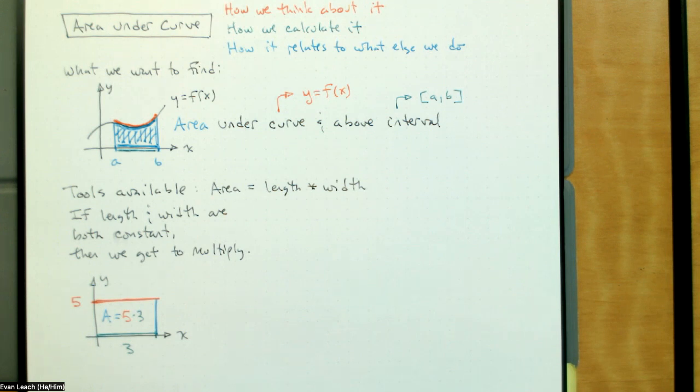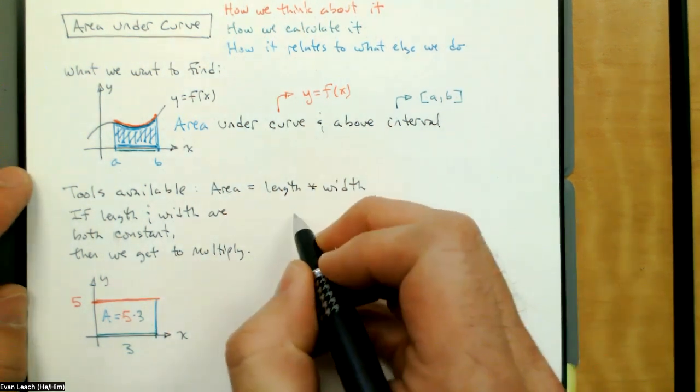If the length and width are both constant, then we get to multiply. Let's remember what multiplication is. Multiplication is addition when all the terms are the same.